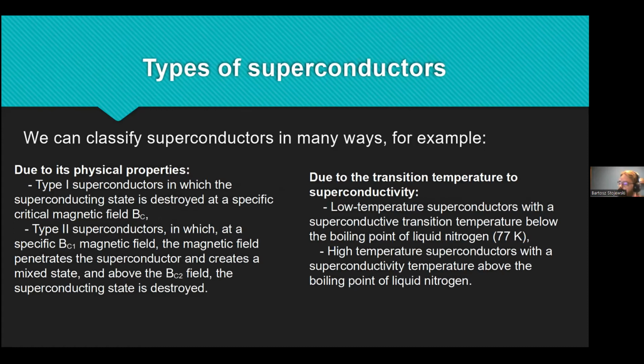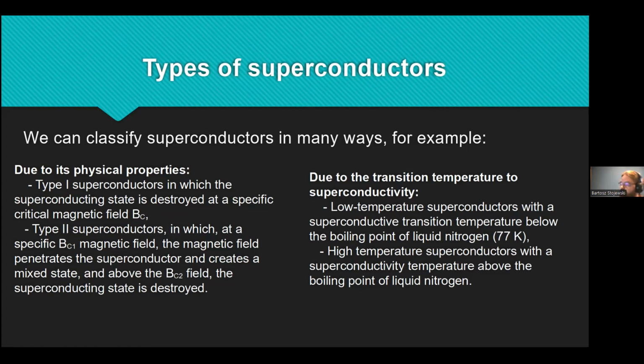For example, due to their critical properties, we specify type 1 superconductors, in which the superconducting state is destroyed at the specific critical magnetic field BC, or type 2 superconductors, in which at the specific BC1 magnetic field, the magnetic field penetrates the superconductor and creates a mixed state. And above the BC2 field, the superconducting state is destroyed.